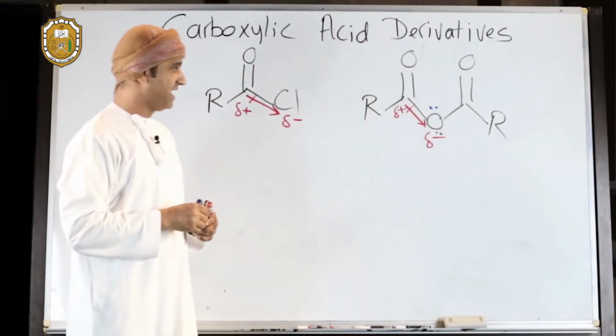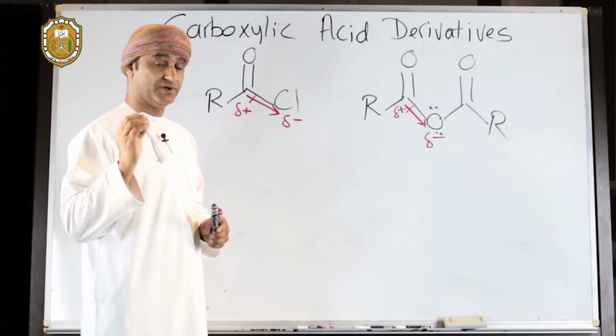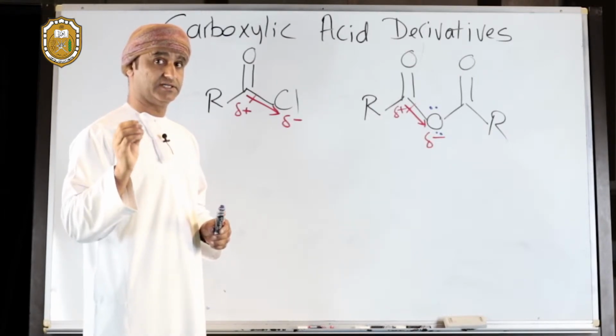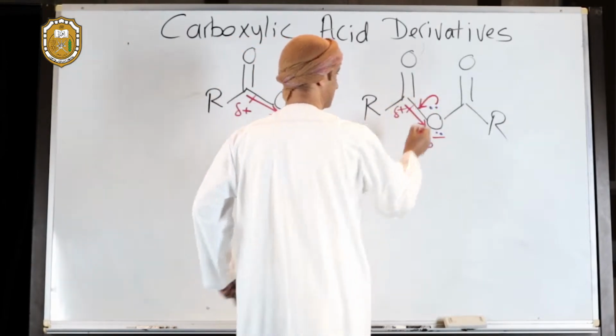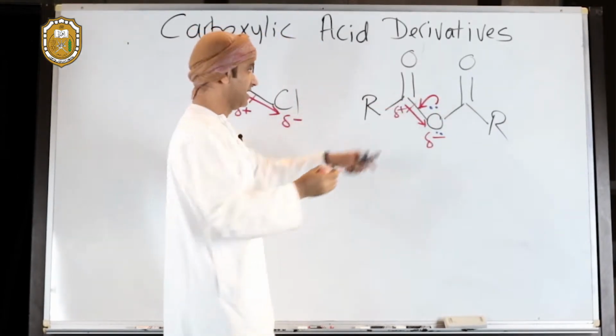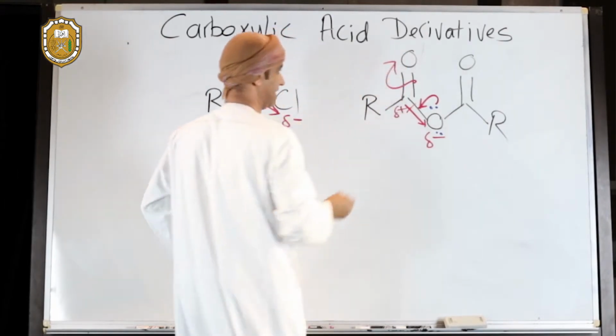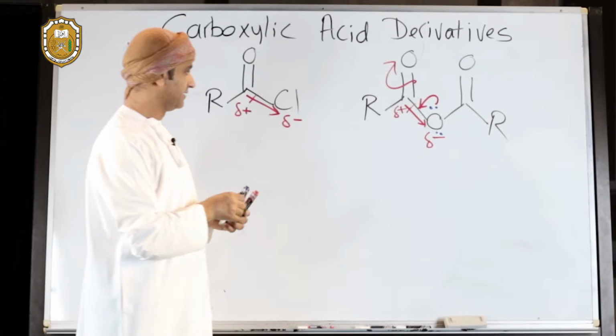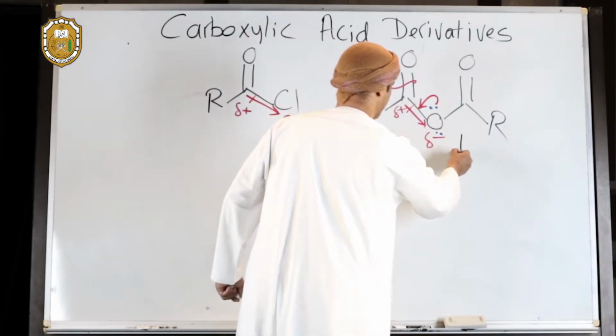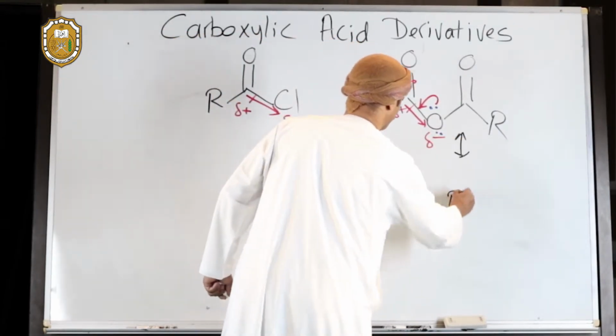Now, because of that, oxygen can donate electrons by resonance. So we can actually do resonance here. We can take that lone pair to make a double bond here, and of course that carbon-oxygen bond is therefore broken. If we do that, then we get another resonance form here.